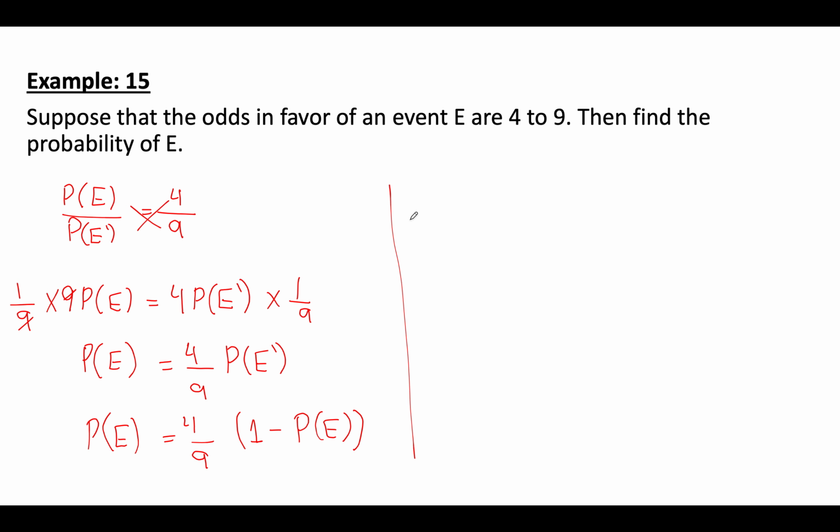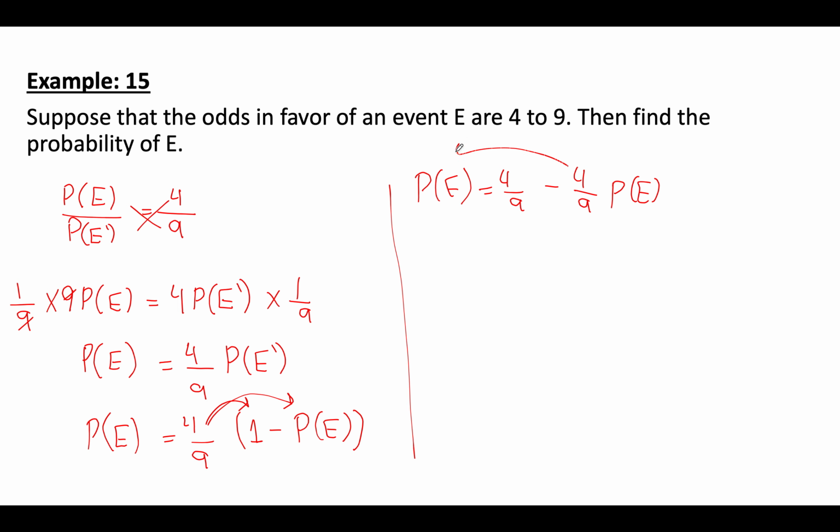Okay. Now we need just to multiply those two by 4 over 9. So we get here the probability of E equal to 4 over 9 minus 4 over 9 probability of E. All we need is to combine the similar terms from both sides.